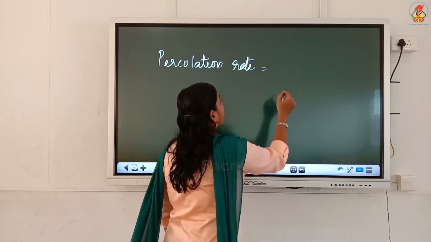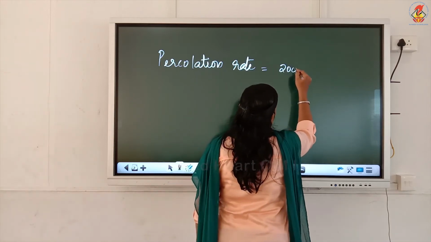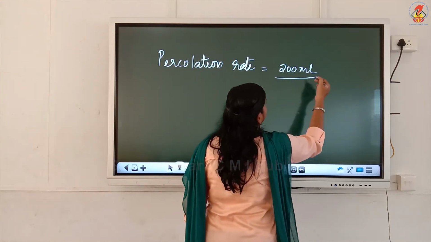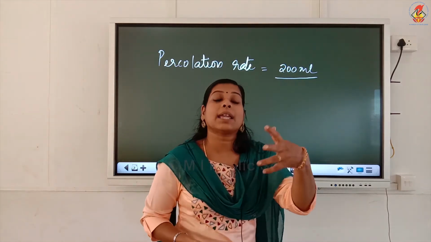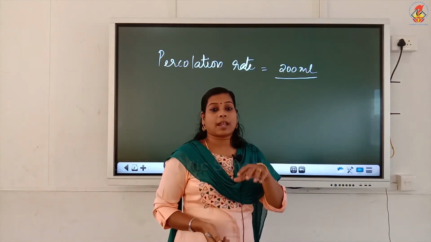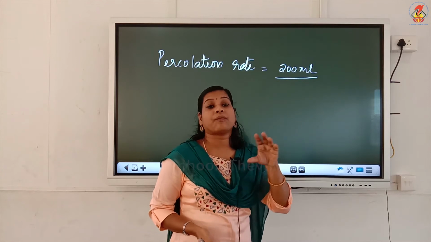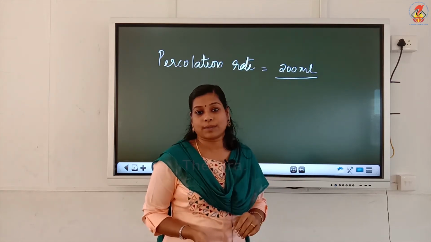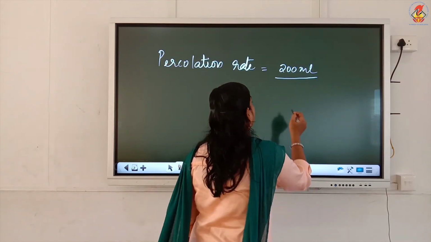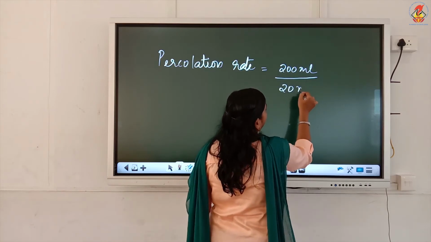Suppose the amount of water we take is 200 ml and it took 20 minutes to seep down. The time will be different for different types of soil. Suppose for a particular soil the time taken is 20 minutes.